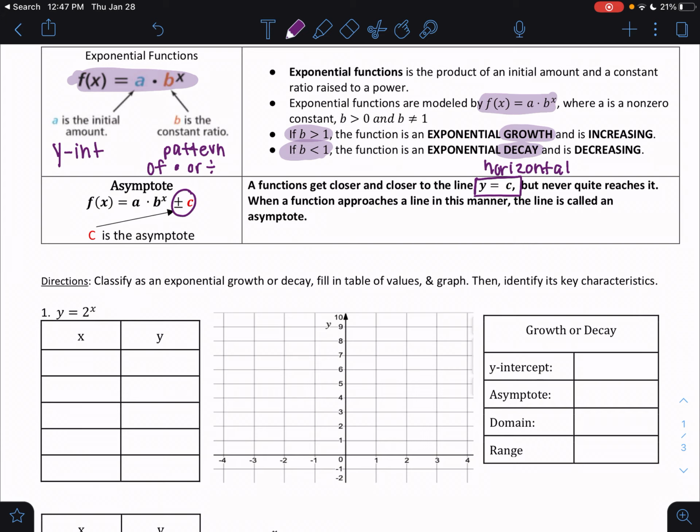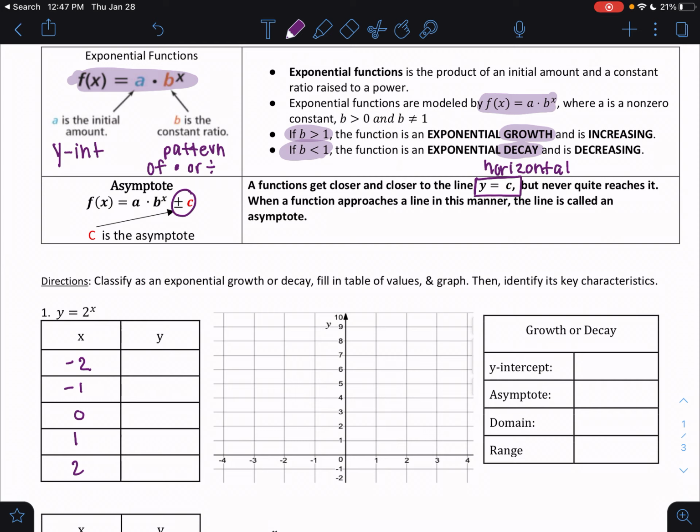So we're going to fill in our table here. Let's do -2, -1, 0, 1, and 2. You could put 2 to the -2 in your calculator, but as you remember from learning about exponents, sometimes you'll get a weird decimal.